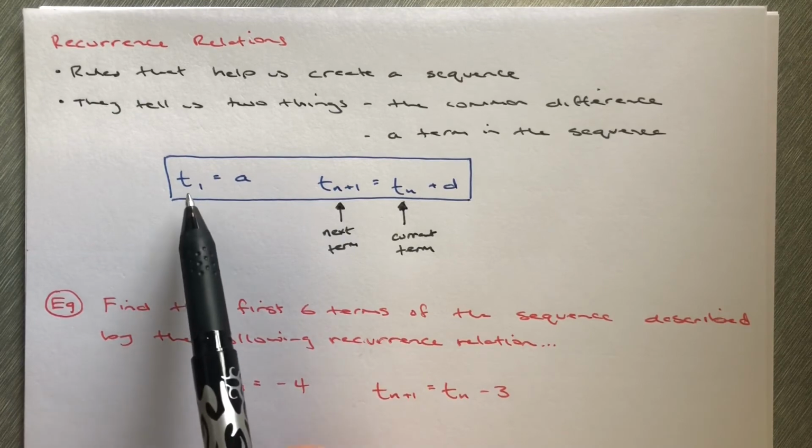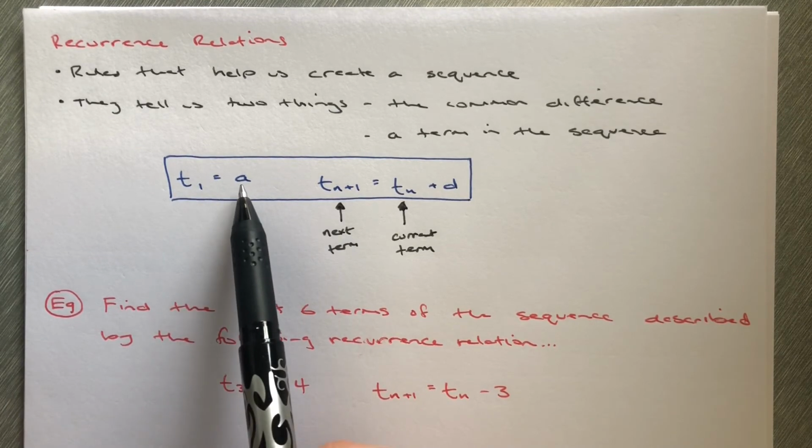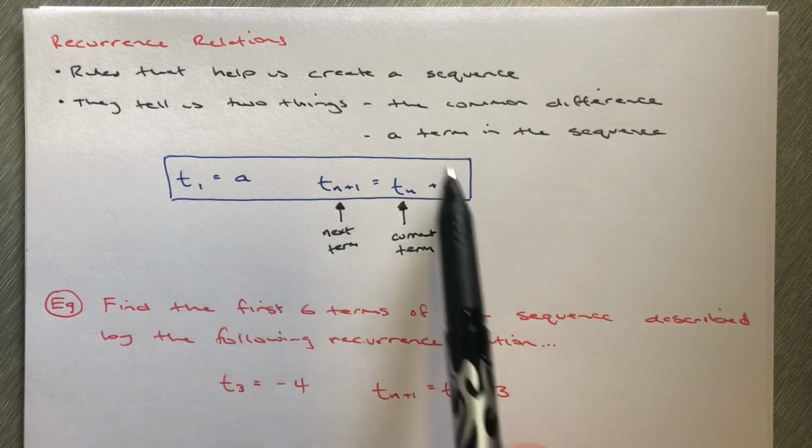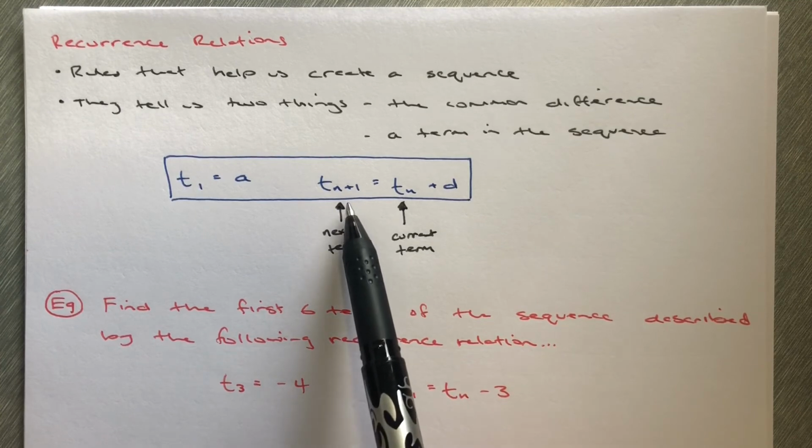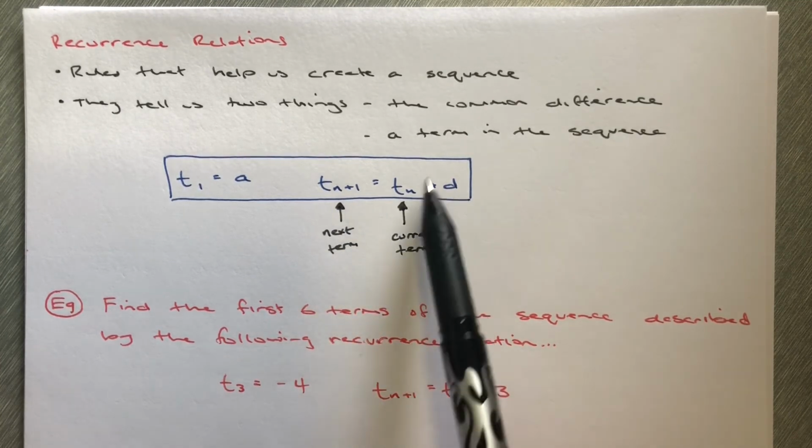Now, it's telling me that the first term is whatever value this is. It's not going to tell you A, it's going to give you an actual value. And this bit here, I've said this a couple of times, this means the next term is equal to the current term plus the common difference.